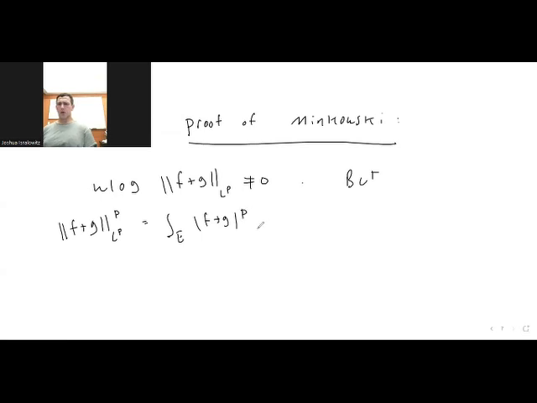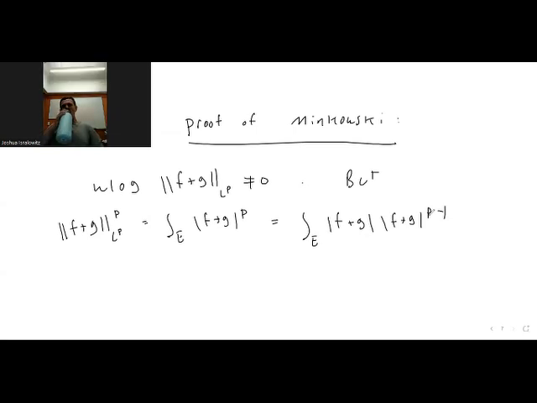Okay. Now, one strategy you might think to do, somehow cleverly use Holder's inequality, with my first function being absolute value of F plus G, and my second function being absolute value of F plus G to the P minus 1, and this is not a bad idea, it just doesn't work. You do Holder's inequality, you're going to essentially prove nothing.